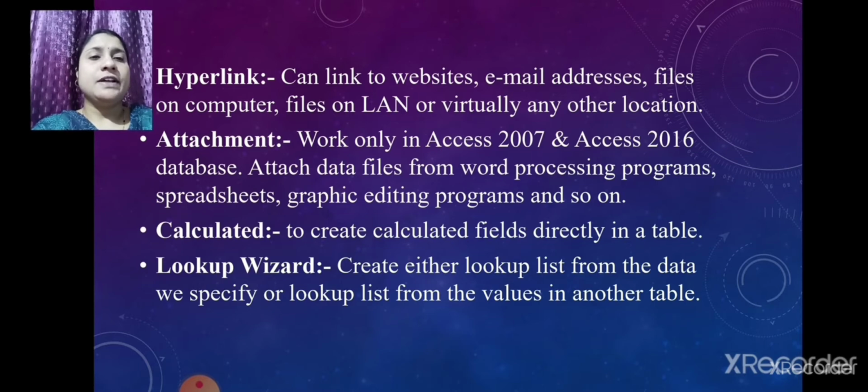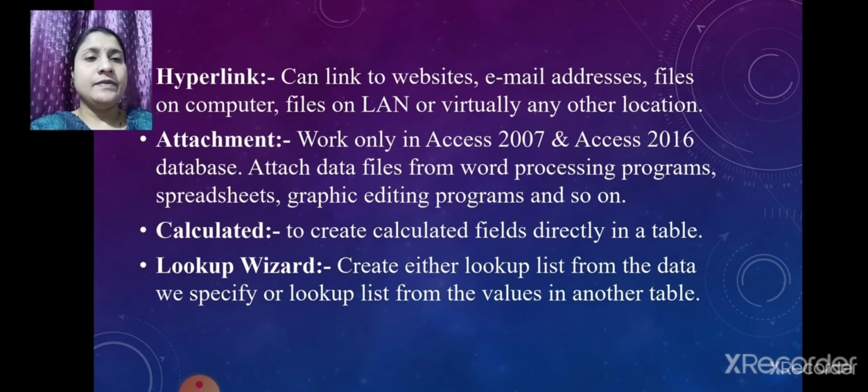Attach data files from word processing programs, spreadsheets, graphic editing programs and so on. Calculated is to create a calculated field directly in a table. If you want a directly calculated field you can create it there.